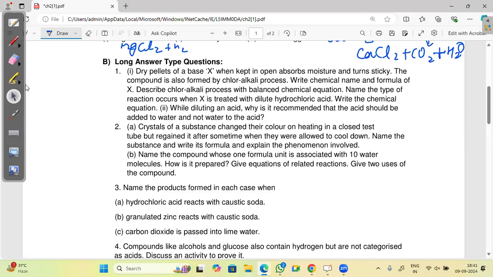So which is the substance? Which crystal are they talking of?